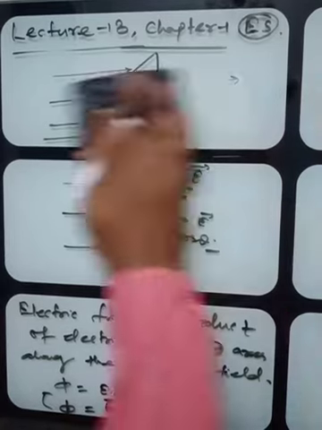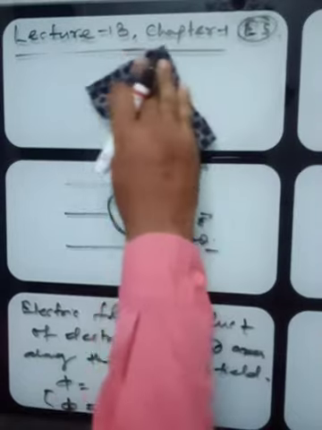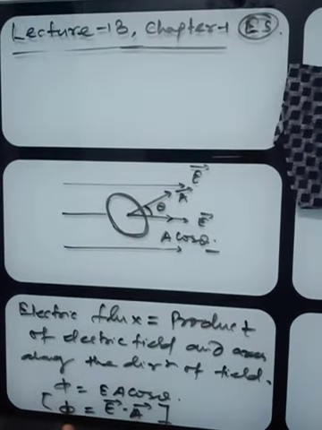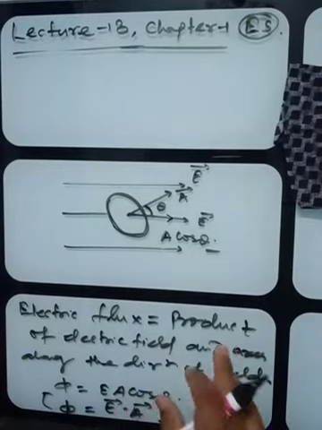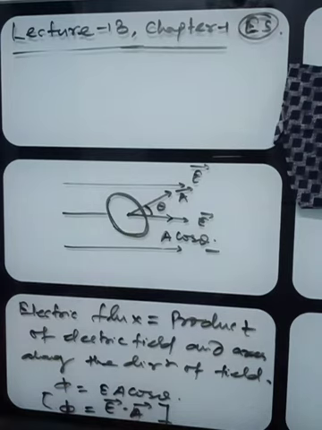So in a few books you will find the definition that electric flux is defined as the dot product of electric field and area vector. Okay students, now we'll focus on the SI unit of this electric flux.